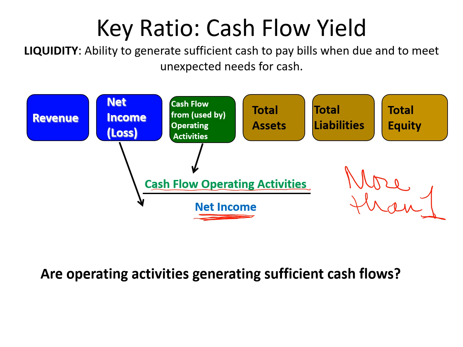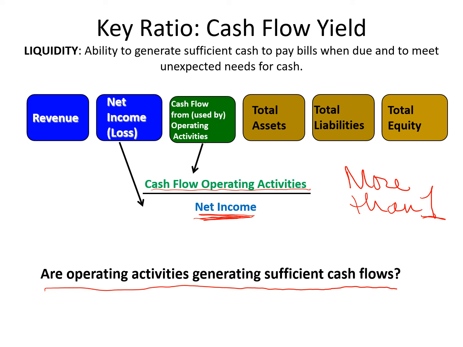So that's the cash flow from operating activities. Accrual-based net income is how we find net income. Remember, revenue is recognized when it's earned, and expenses are associated with that revenue show up to find your net income.